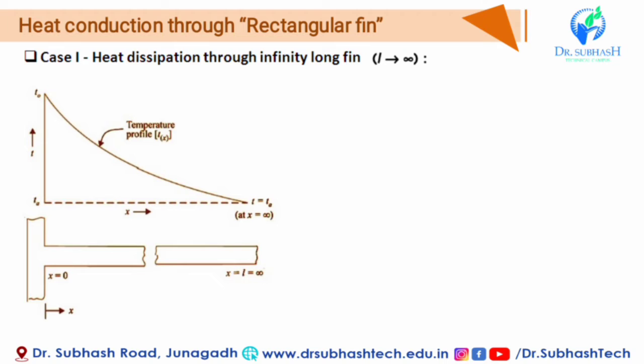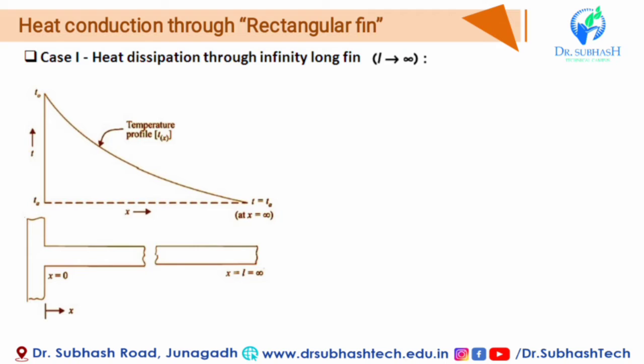Here our aim is to find out the constants C1 and C2, and also to derive the equation of heat flow rate, either by Fourier's equation or by Newton's equation. As shown in the figure, a side view of a rectangular fin has a length from 0 to infinity, and the temperature at x is equal to 0 is maximum, which decreases exponentially up to the atmospheric air temperature.